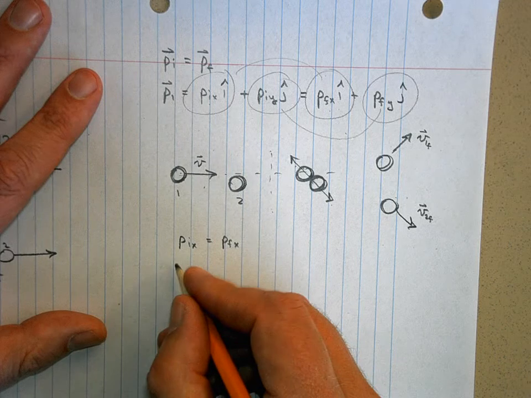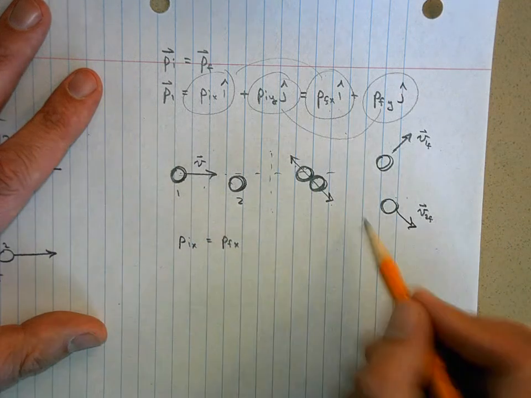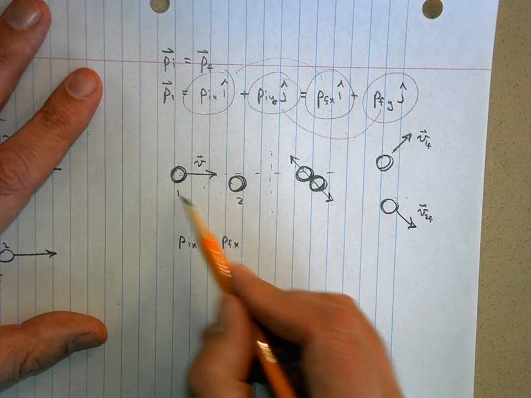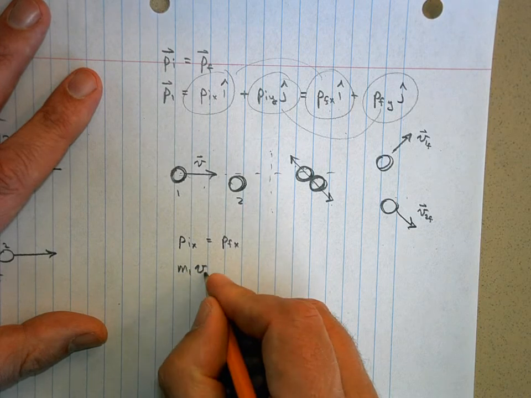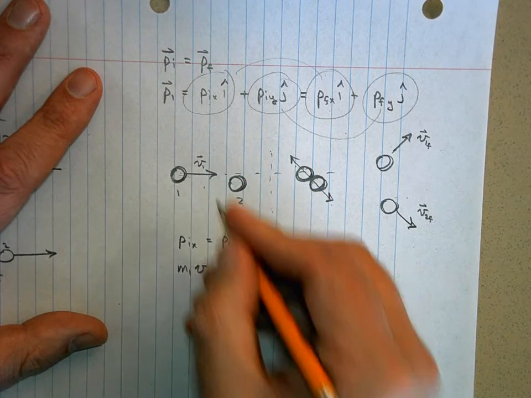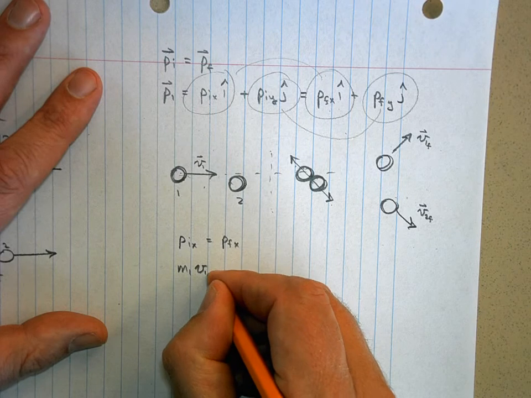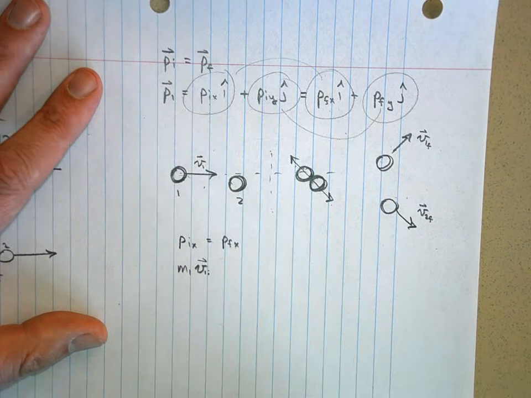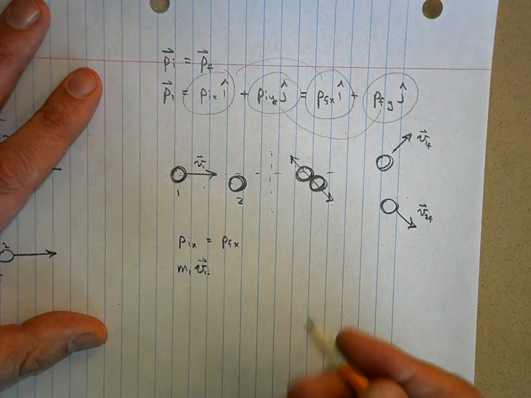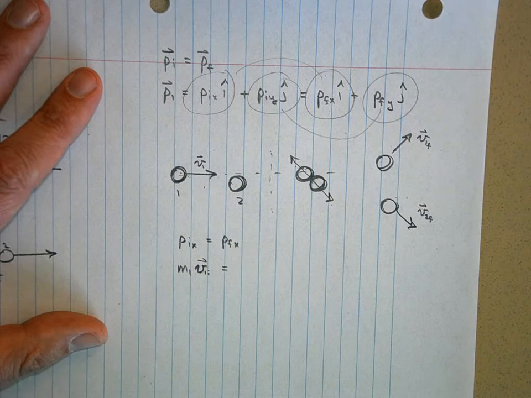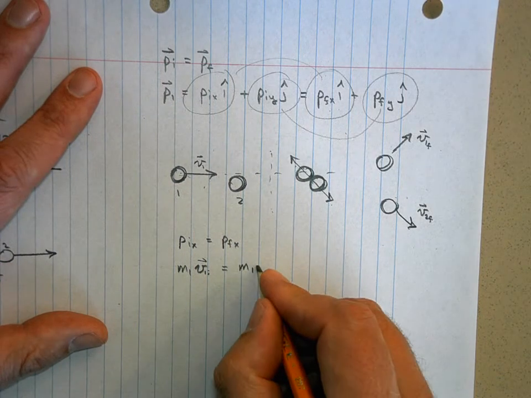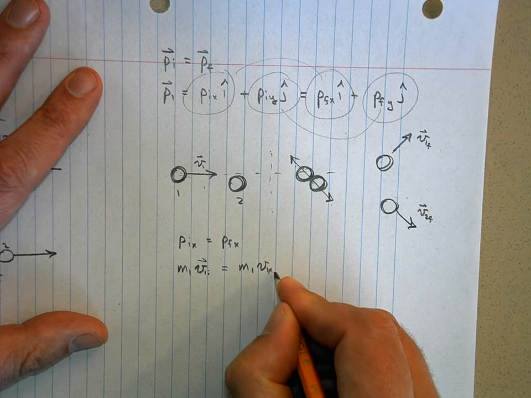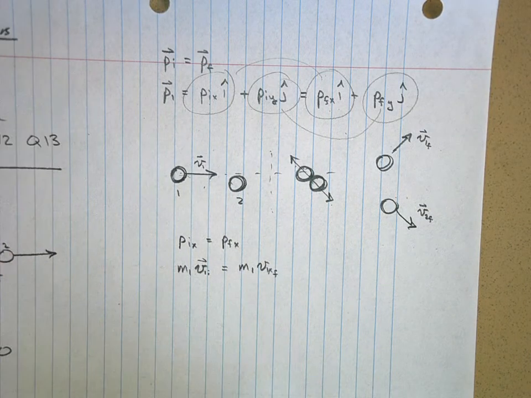Well, if I look at this particular example, before the problem started, in the x direction, it's just M1, we'll call this V1 initial. I mean, it was moving all in the x direction. And so that's got to be equal to M1 V1x final.